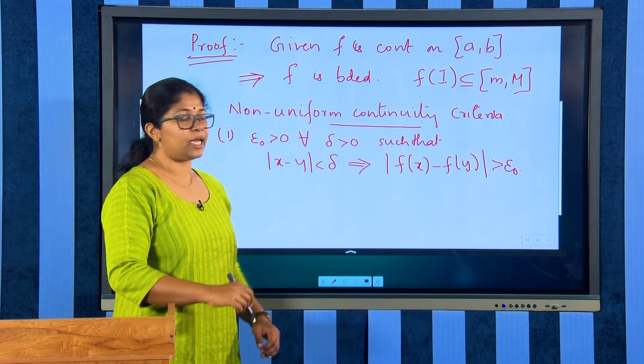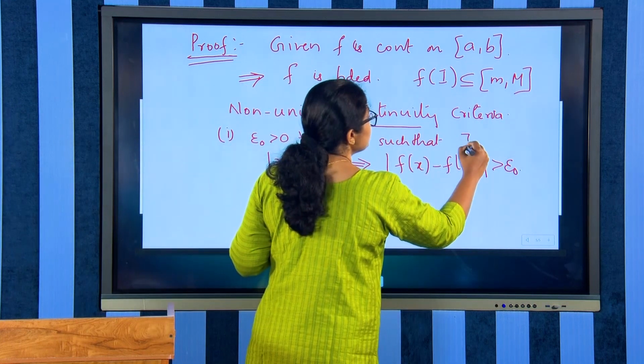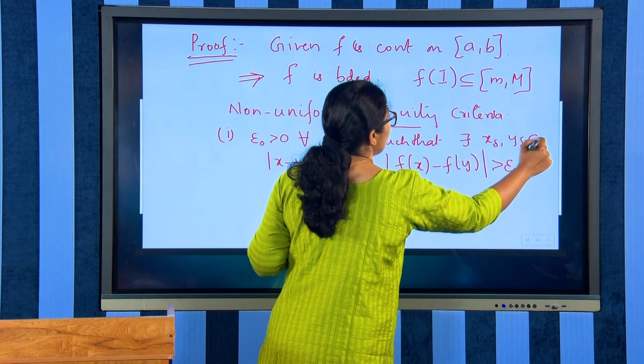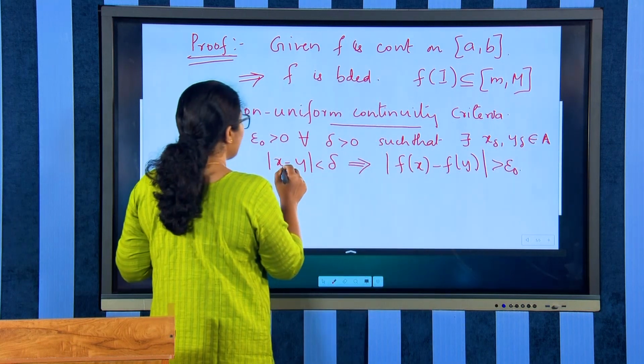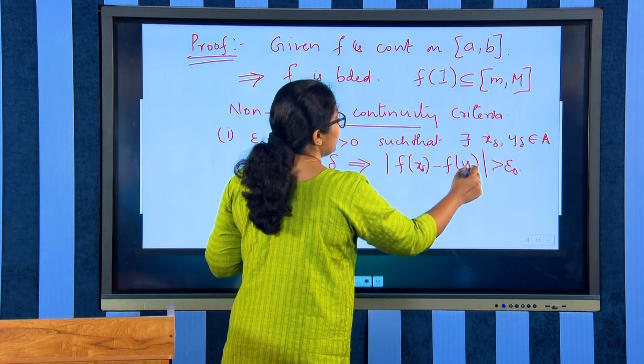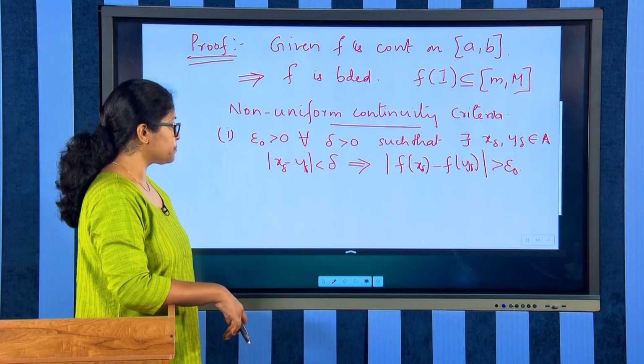If at least one such pair of points exists, then it is not uniformly continuous.